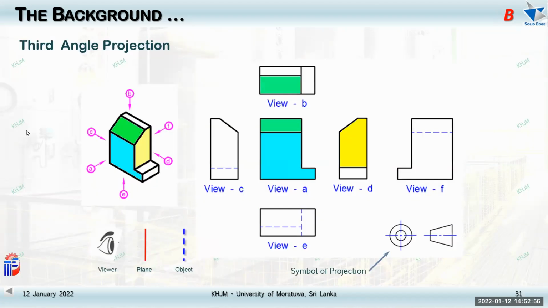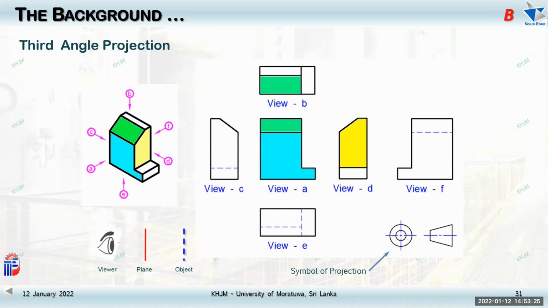And similarly, the third angle projection. You can compare this one and that one once you get the note. Here you see the plane has now come into the middle. So you observe from the left-hand side and project to the same side. That is the third angle projection. In this particular case, the top view is above.